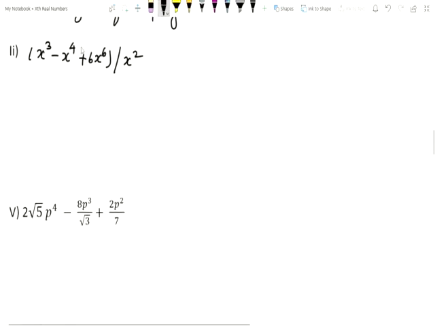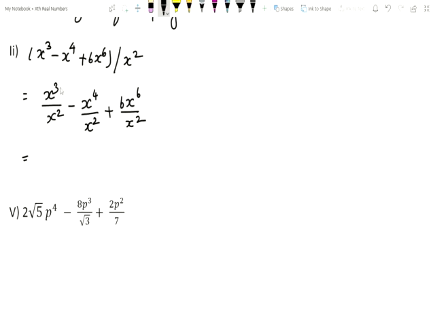Here x cube minus x power 4 plus 6x power 6 divided by x square. So we need to divide each and every term by x square first. So x cube by x square minus x power 4 by x square plus 6x power 6 by x square. Now divide the powers.